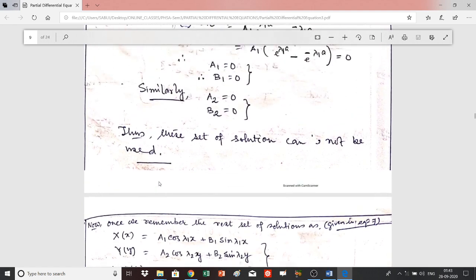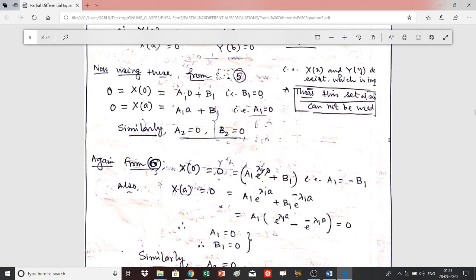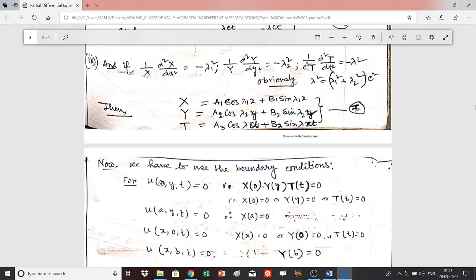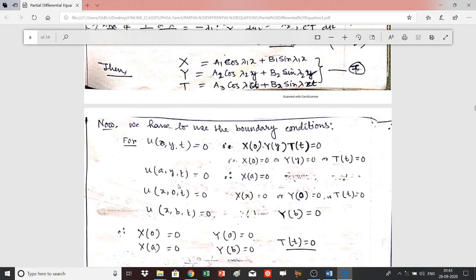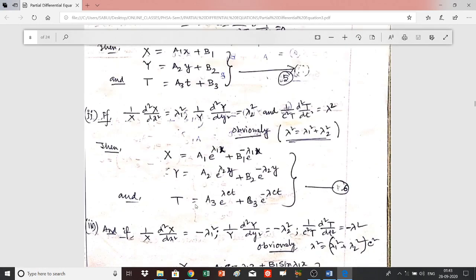What we did in this case, a similar process you can employ for the second series of solutions. Then in this case you also find that all of the A's and B's, that is A1, B1, A2, B2, A3, B3, all are 0.